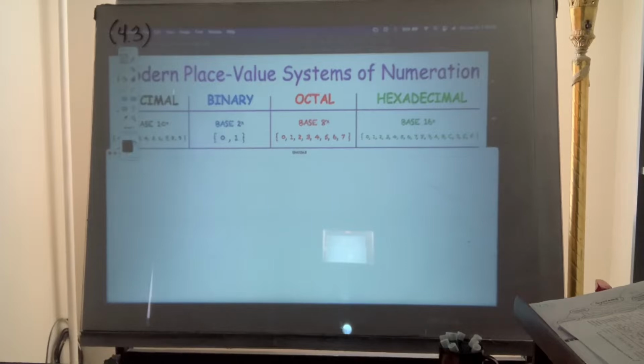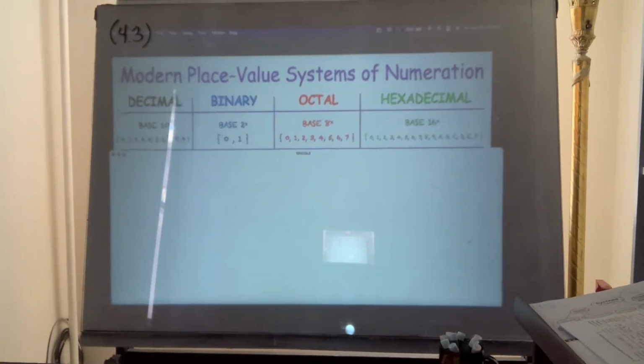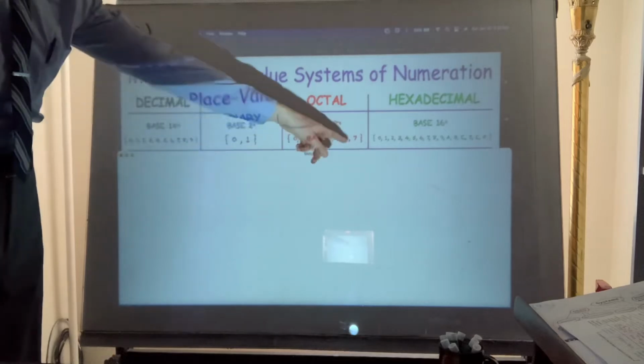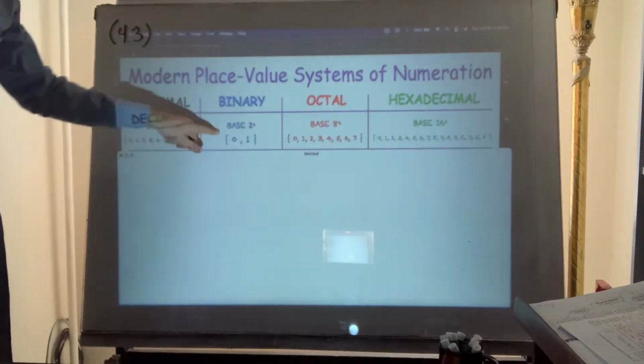All right. Here are the modern place value systems of numeration. I think I might just move this over a hint that way. There you go. All right. And we'll go through this. Let's start with the character sets that you would work with, right? Fancy braces, right?